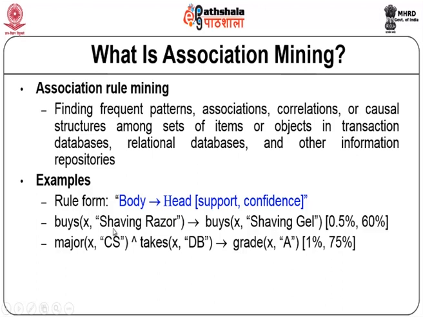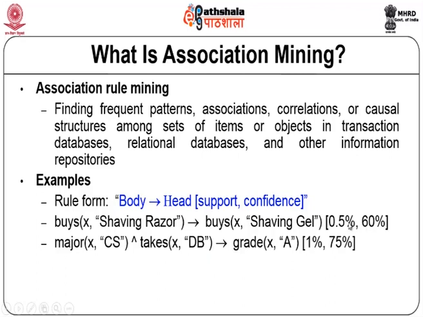As of now, let us take another example. For example, consider a predicate buys that is associated to an individual X. Assume the individual X is purchasing or has bought shaving razor. Then it implies the same person X may also purchase a shaving gel. Here the support and confidence value are 0.5% and 60%.